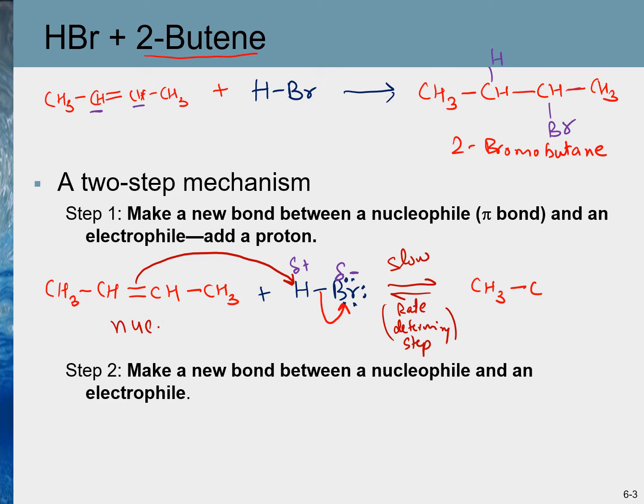Because pi electrons have been used to make the bond, this carbon will get a positive charge, and of course there will be a newly bonded hydrogen atom.